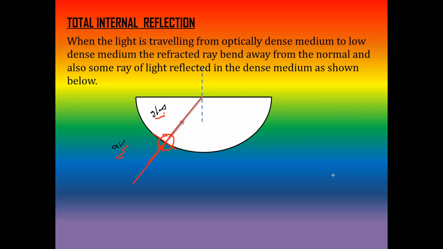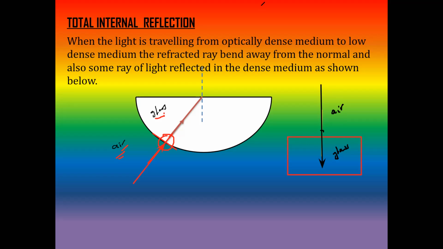Like if this is a glass and I draw the normal, and light strikes along the direction of the normal, it will not change the direction. The only thing which changes is the speed. In air, it will move faster. In glass, it will move slower. But direction will not change.